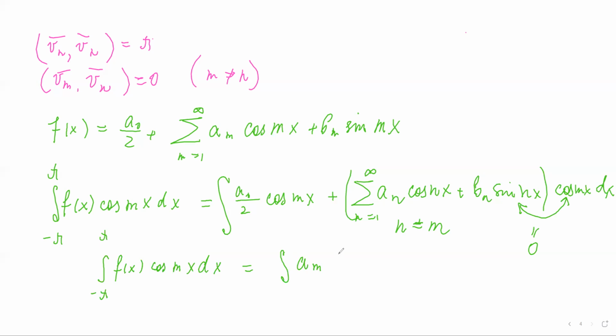Because cosine is going to be multiplied with the same index, I'm going to write down cosine squared of mx, just this one by this one, right? And dx from negative pi to pi. Well, am is a constant here, right? So we can always take it outside. I'm just going to calculate the integral of cosine squared of mx dx.